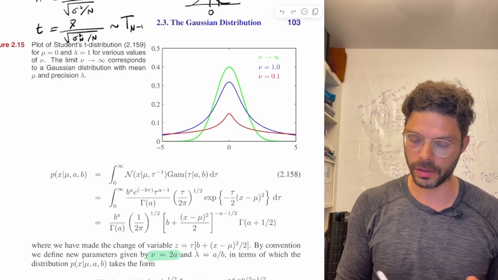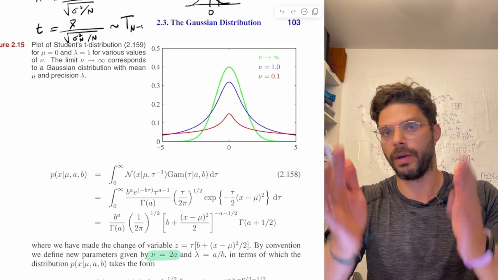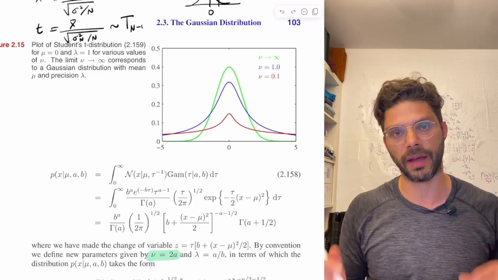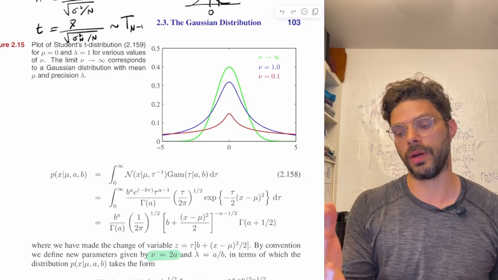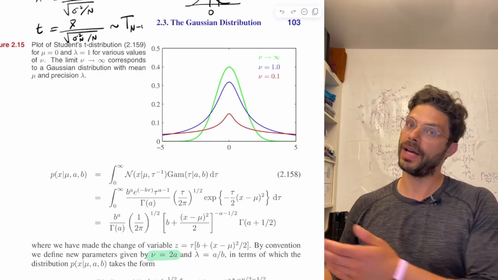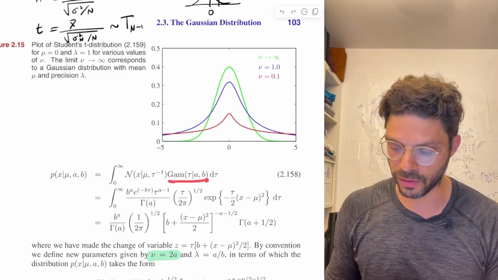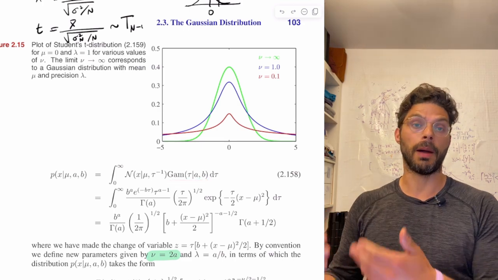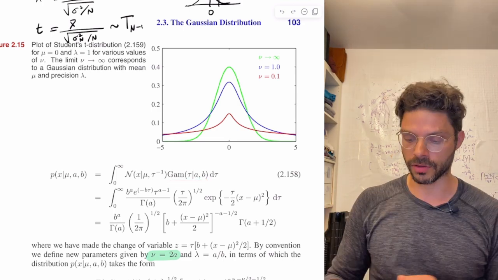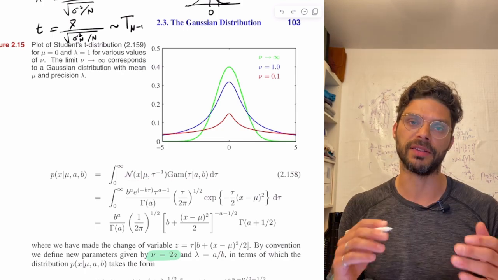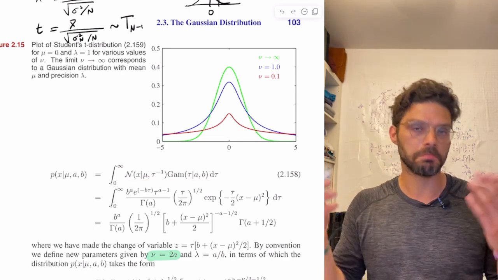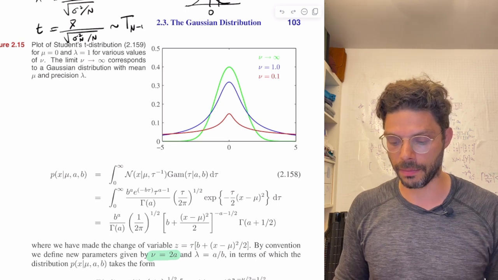You would say, well, it's just normal x given mu and my precision tau, or my variance tau to the minus 1. But since you don't know what that is, you have to add up the contribution from all different precisions according to the probability of each particular precision. So that's exactly what this is. He'll call this an infinite mixture of Gaussians.